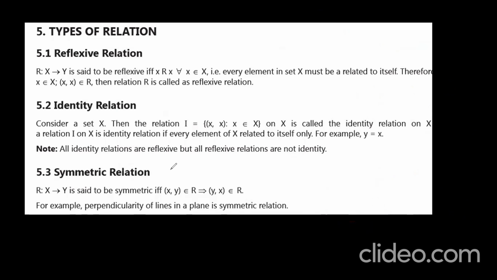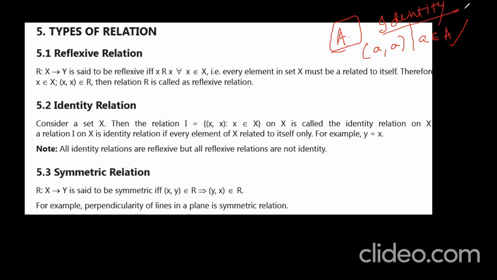Next, identity relation. Suppose A is a non-empty set. Then the set of (a, a) such that a belongs to A is going to be our identity relation. You understand? This is the identity relation.